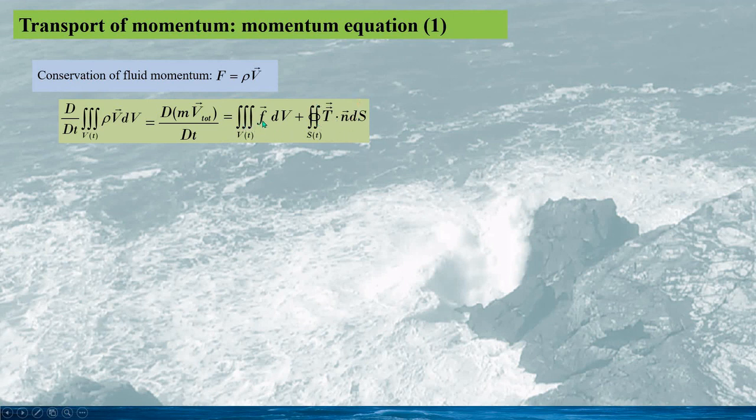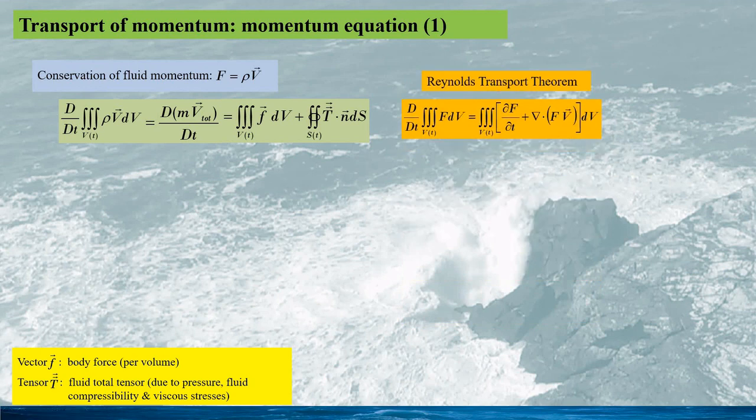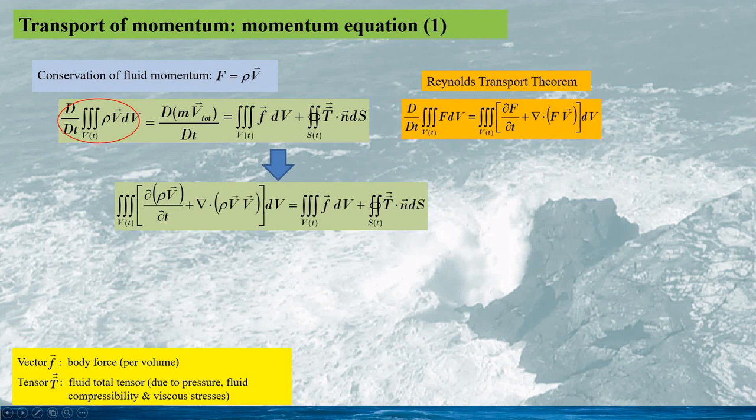Here, vector F is the body force density, and the tensor T double arrow is the total stress tensor of the fluid. Applying the Reynolds transport theorem to this term, we can have the momentum equation as this.